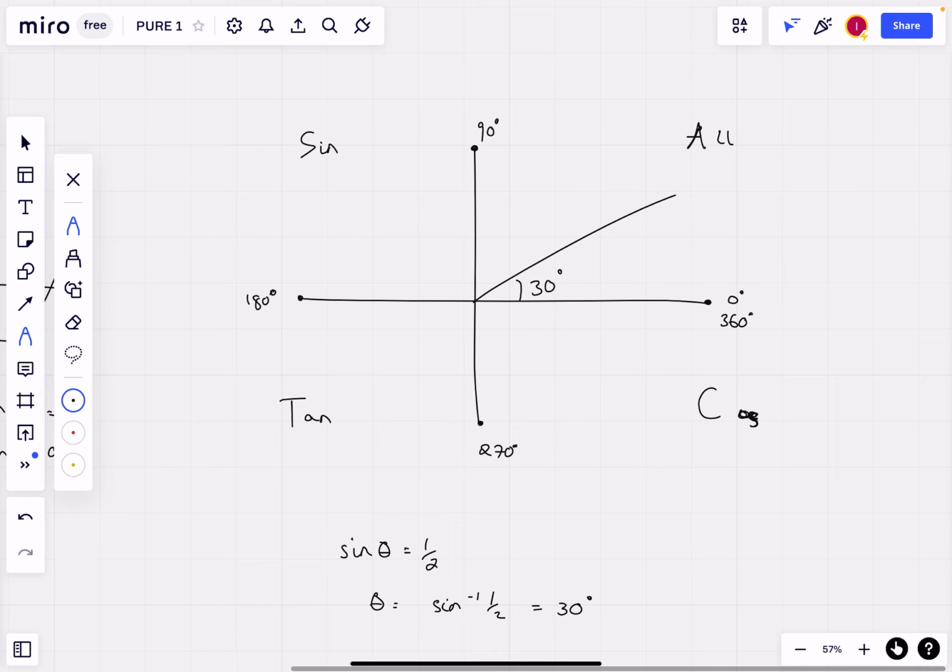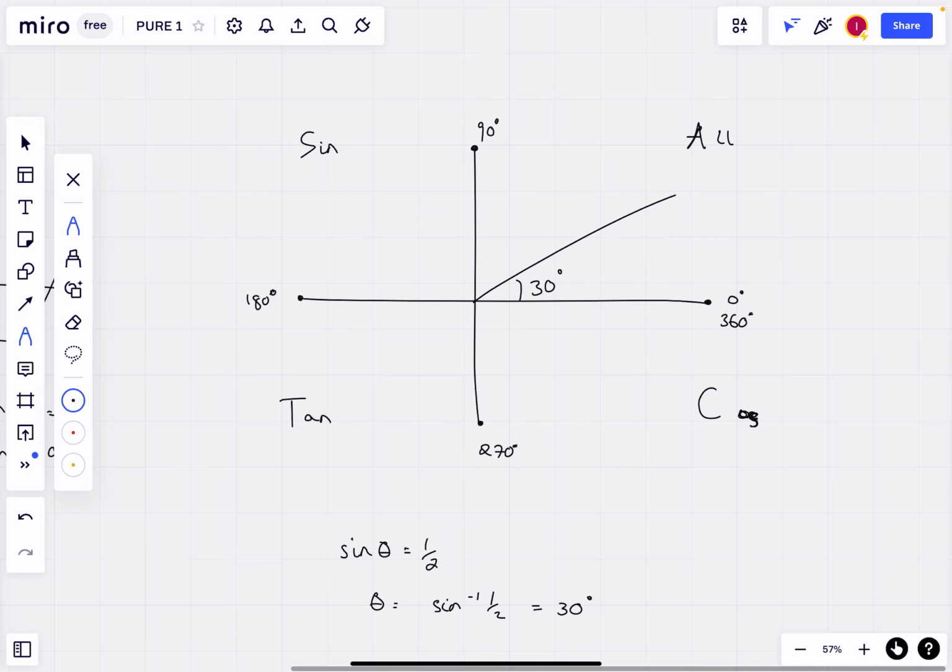Now, depending on what type of trig I have, sine, cos, or tan, that will determine how that black line reflects.